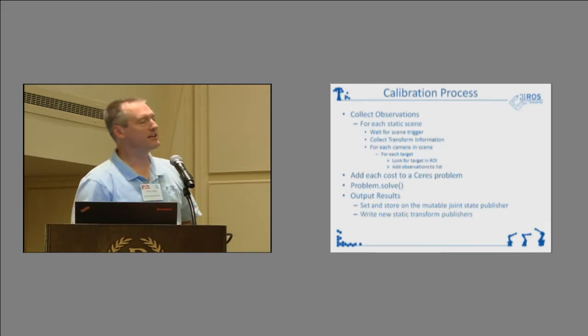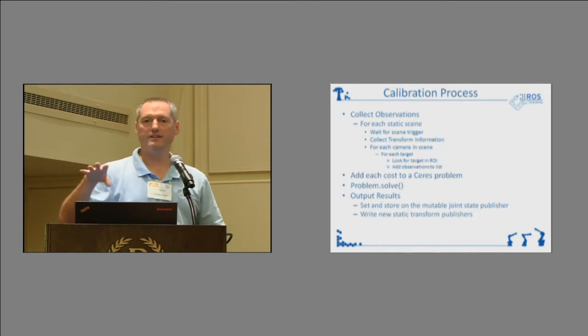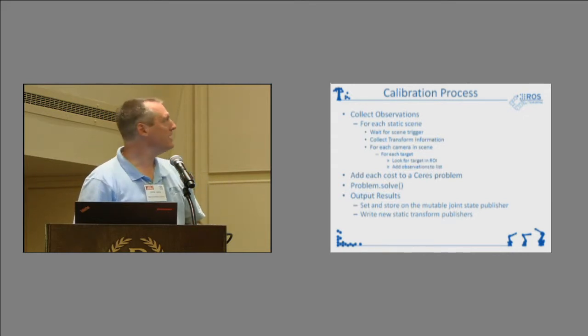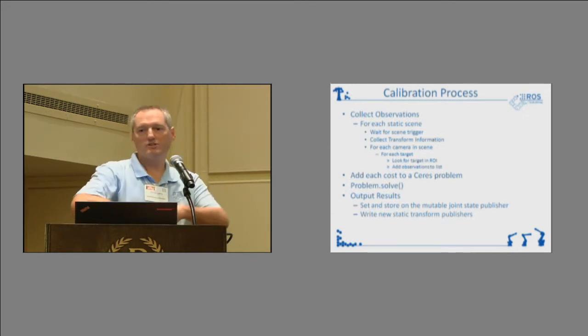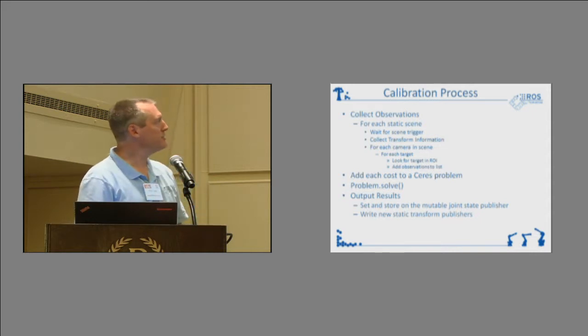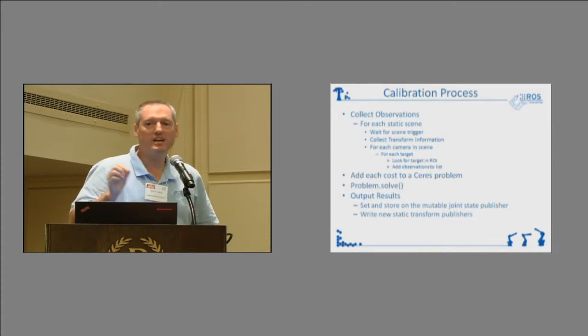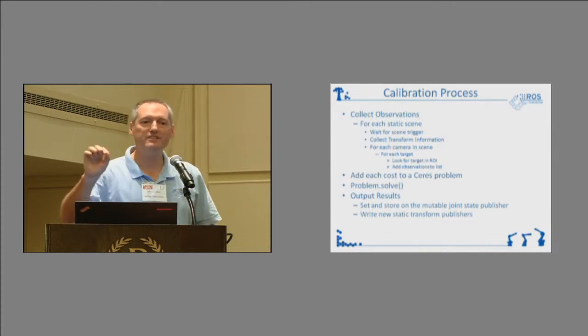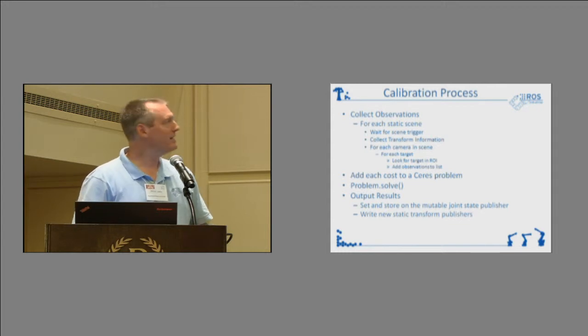And then it collects the images, finds all the targets that it was asked to find, and does all the bookkeeping that's necessary to pass that into the cost or the reprojection error function for each of the different circles it was looking for into the Ceres solver.